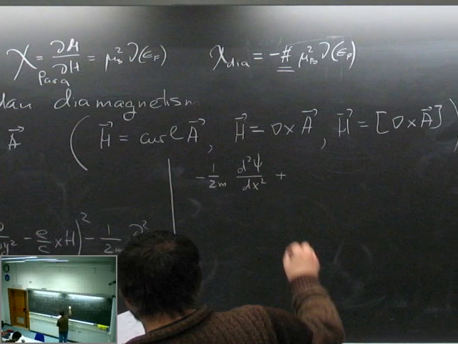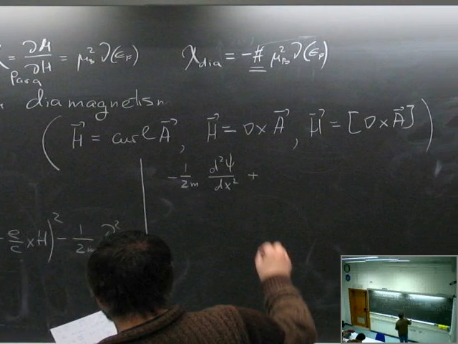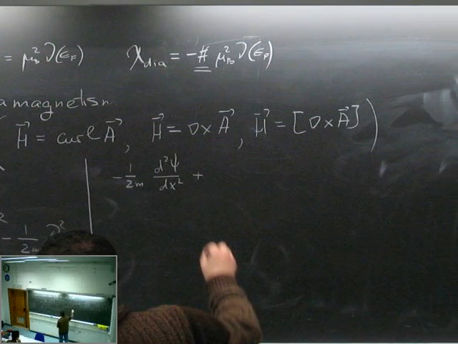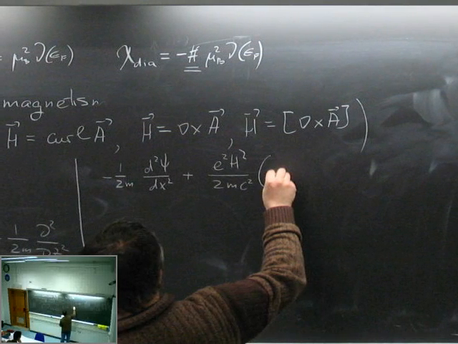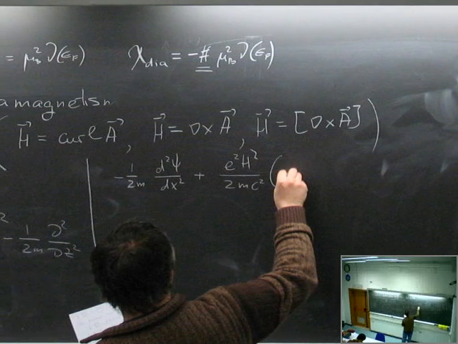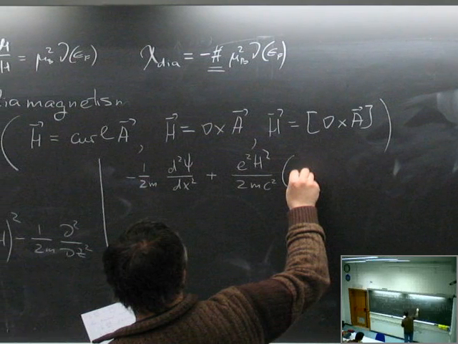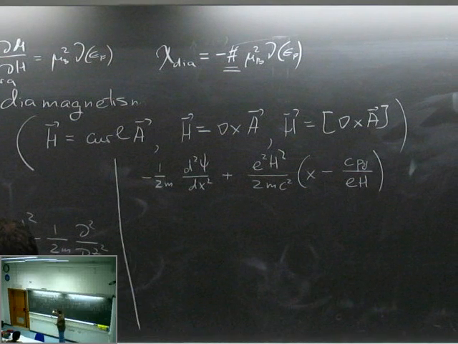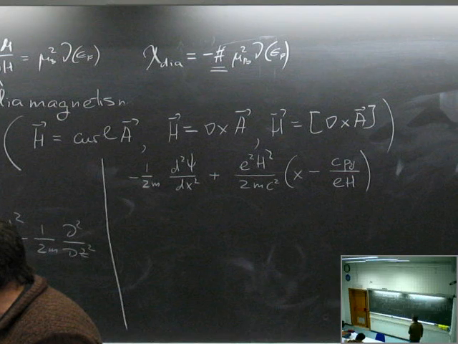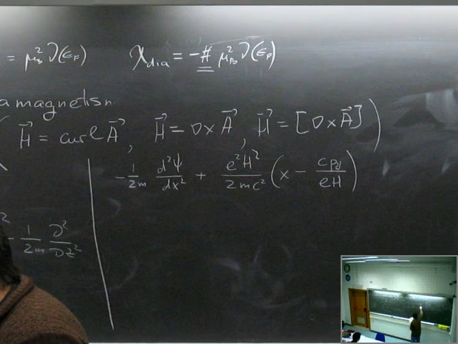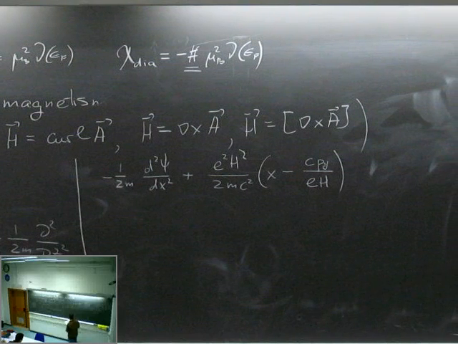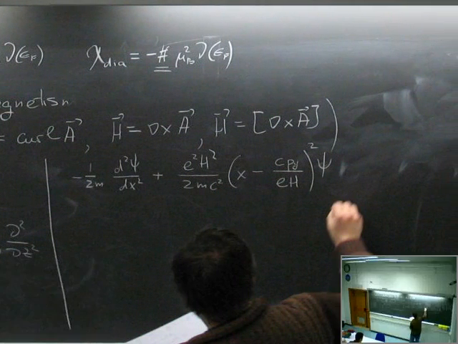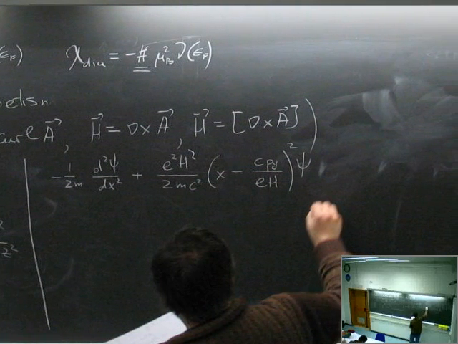So this is plus e squared H squared, since I have a square, over 2m c squared times x minus c p_y over eH, where I replaced this by the eigenvalue p_y, squared, psi is equal to epsilon minus p_z squared over 2m times psi.